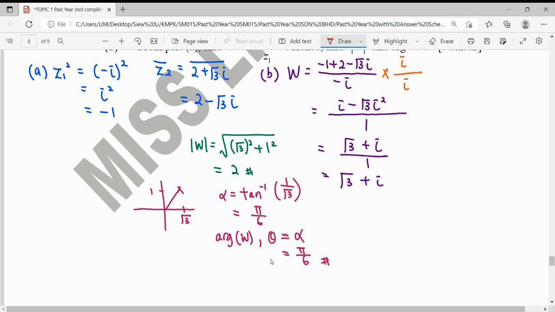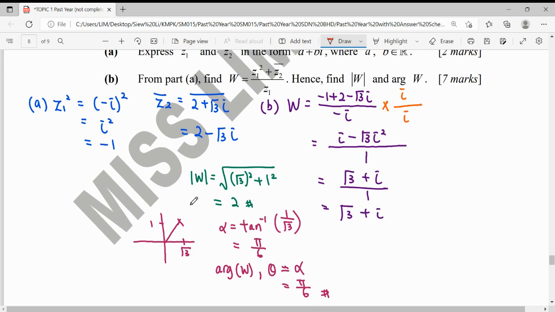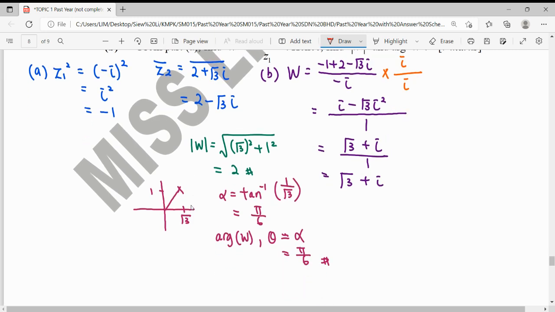So from here, what is important? For the first part, simplify to get negative 1. Then this conjugate is also basic. When we move to question B, when we have division by negative i, we have to multiply with its conjugate.